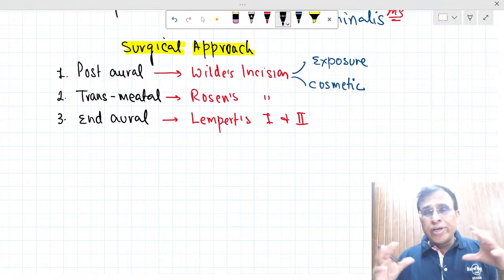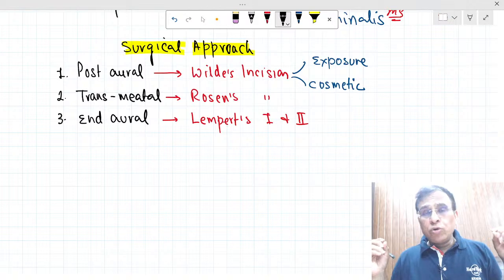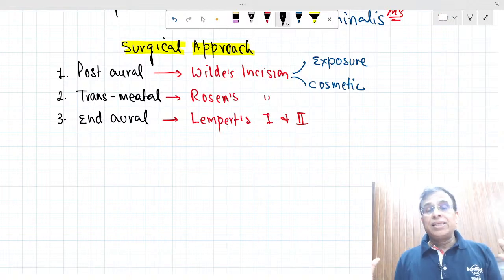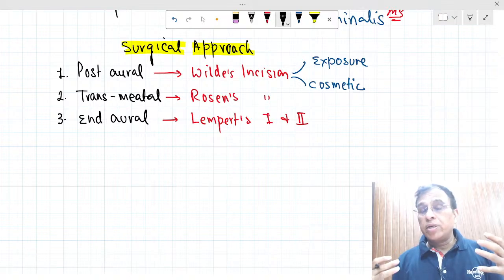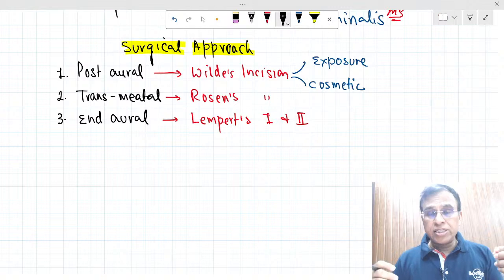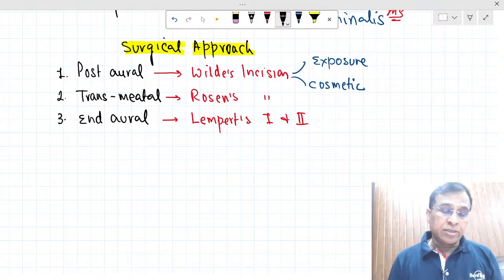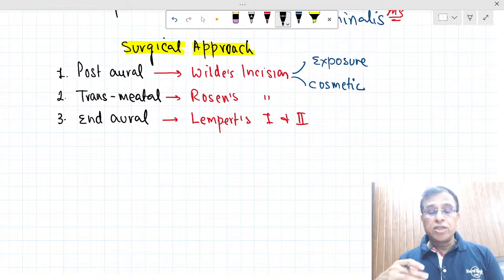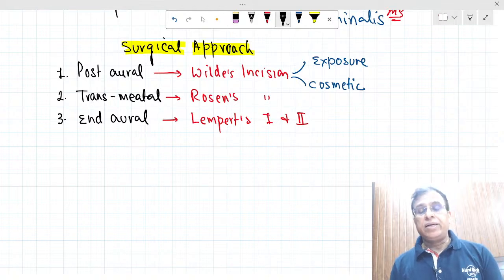See, if you know anything about surgery, you will know that if the area of the surgery is exposed well, then surgery becomes that much easier, because you can identify the structures easily and the outcome is always better. So we are always interested in a good exposure of the surgical field, and in this case the first one, the post-aural incision, gives us the best exposure, and this is the main advantage.